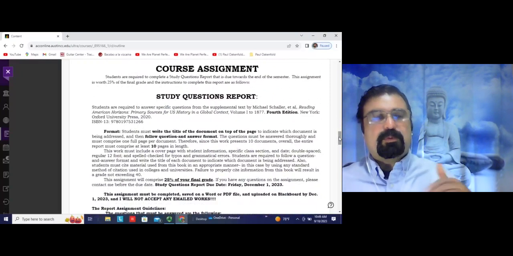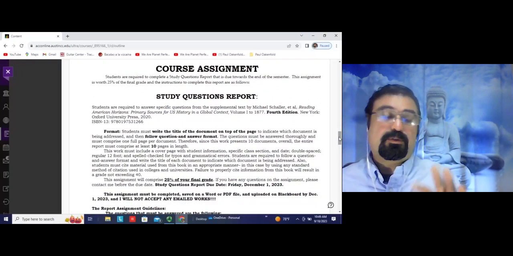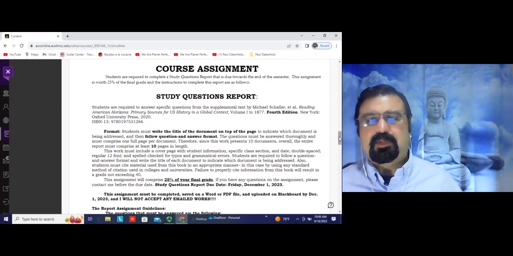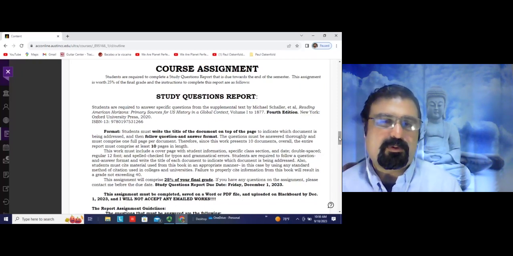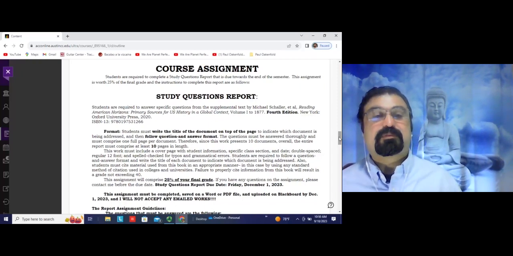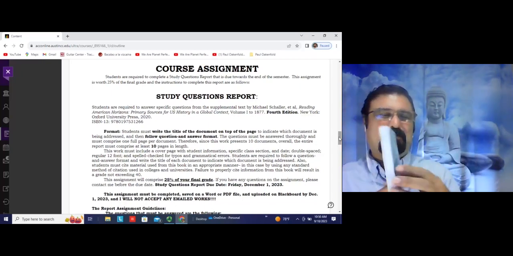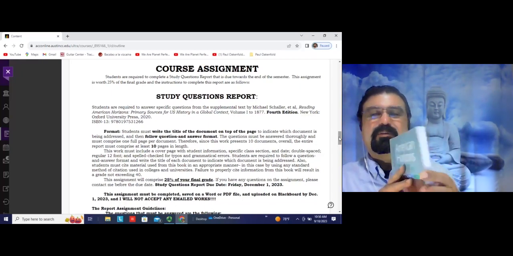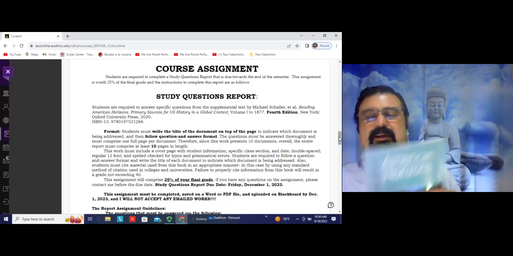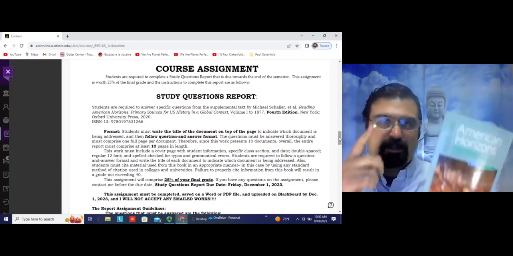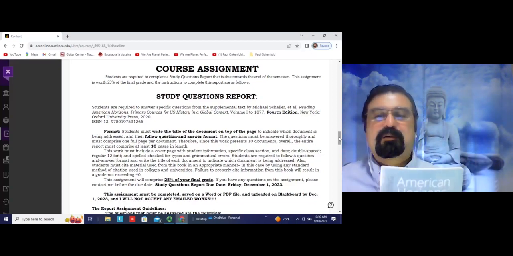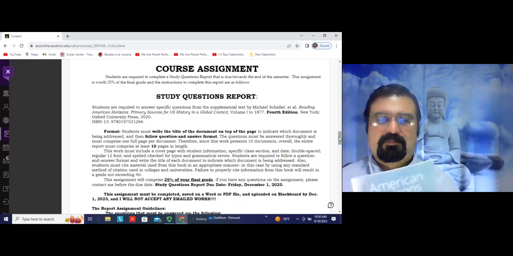Now, as I explained, there will be one major course assignment. This is due at the end of the semester. This is due December 1st. That involves this textbook. It's a very small, thin booklet, actually, as a matter of fact. Okay, remember getting the volume 1, 4th edition, very important.